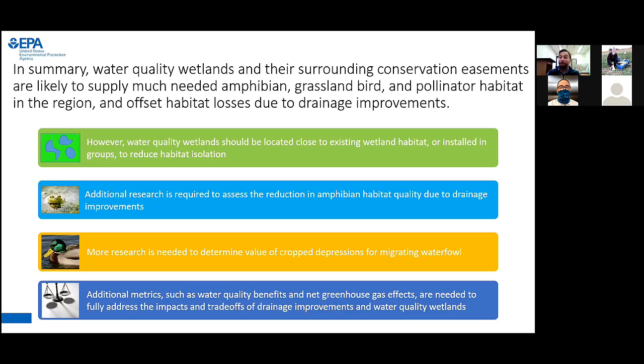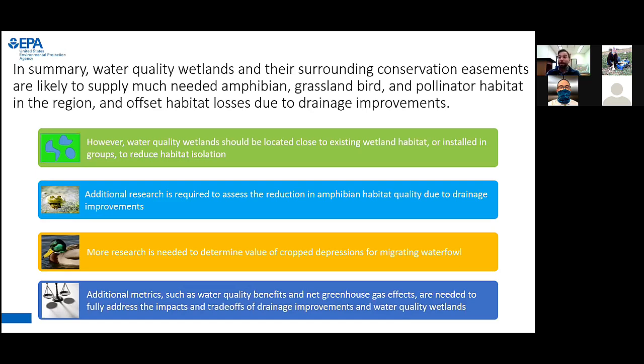Alternatively, water quality wetlands could be installed in groups to reduce the effects of habitat isolation and the effects of the surrounding landscape. Additionally, while it did not impact suitable habitat, more research is required to assess the reductions in the amphibian habitat quality score due to drainage improvements.